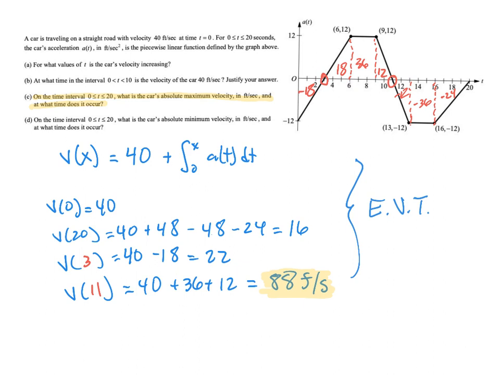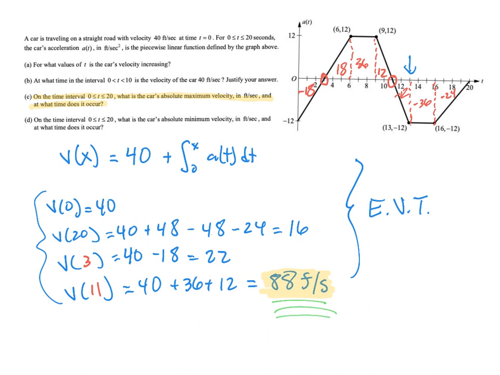From there, we start slowing down again because we go back to the negative side on the acceleration. So intuitively, looking at the graph and seeing where it stops being positive at 11 seconds makes sense. And then in terms of our extreme value theorem, examining the endpoints and the critical points to find out what our maximum value is also works. So just keep that in mind, that that's what we were doing. Okay, so 88 feet per second on that one.